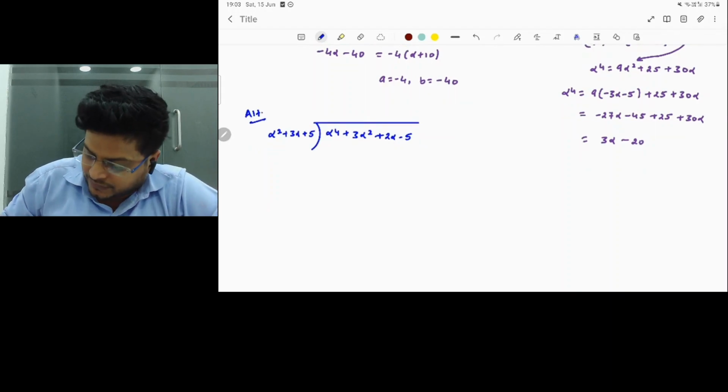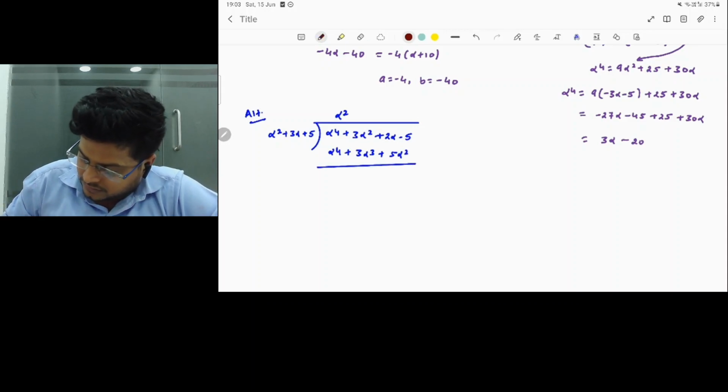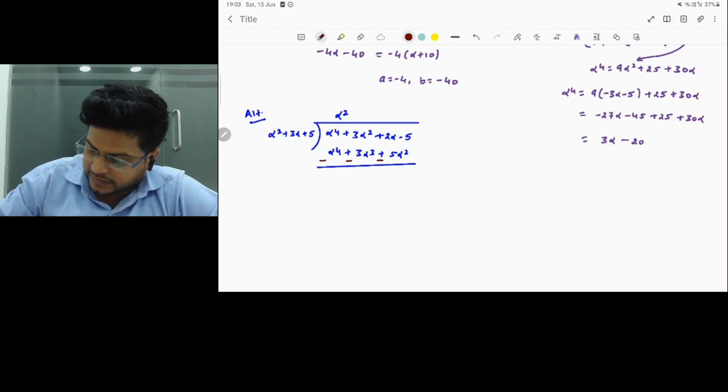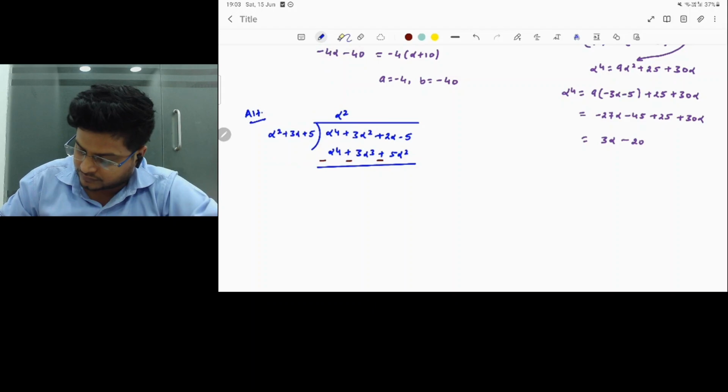Do the long division. So we'll go alpha square times alpha power 4 plus 3 alpha cube plus 5 alpha square. So when we do the calculation, negative, negative, negative. So what we got? This will get cancelled. This will get cancelled.